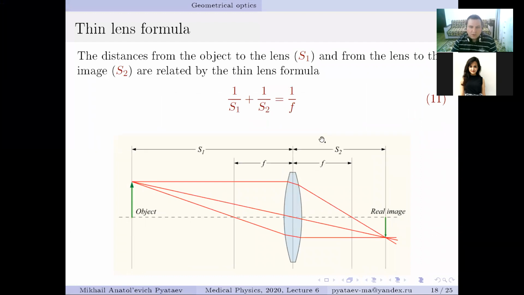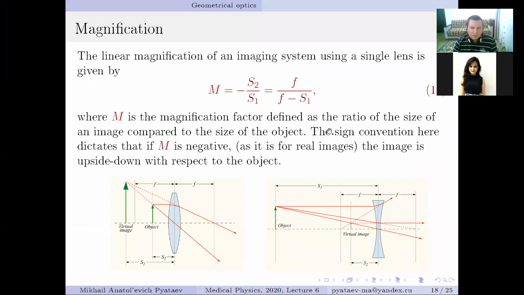We can get real and virtual images. We can get enlarged and diminished images. And with the negative lens, we can get only virtual images. There is no way to get a real one.